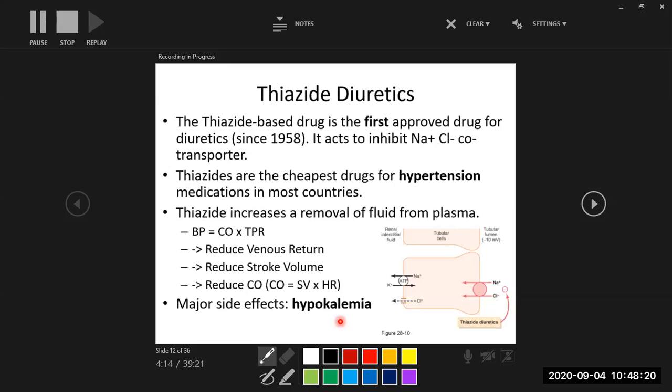And in the very beginning of the cell physiology that we talked about, potassium is abundant inside of the cell.